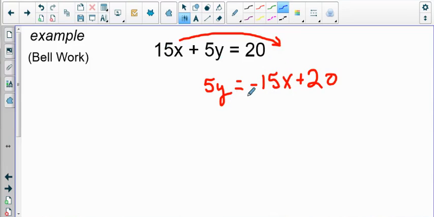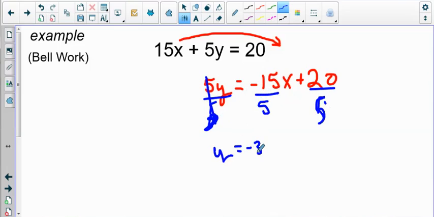Still not exactly in y equals mx plus b. I need to get this y by itself, and you know how to do that. You divide the 5 out. And if you divide 5 out of one term, you have to divide 5 out of all of the terms. Okay, so these cancel, leaving y. Negative 15 divided by 5 is negative 3, so that's going to be negative 3x.